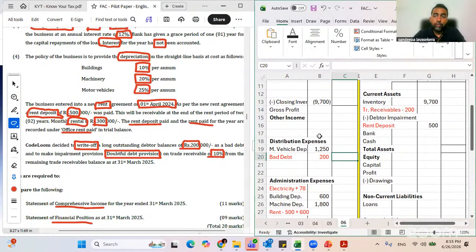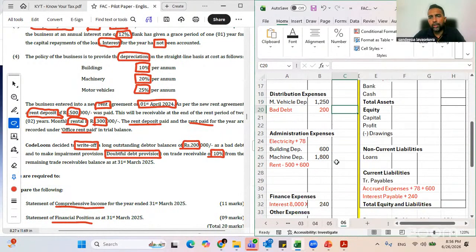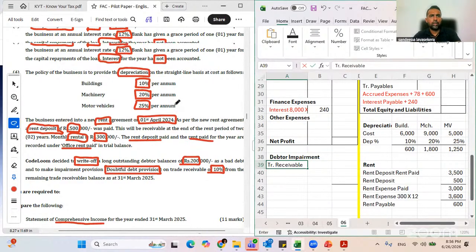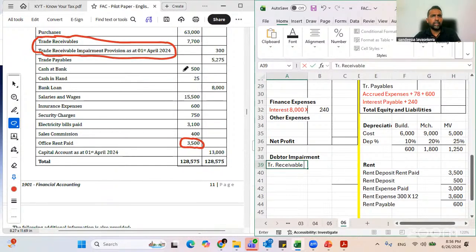Right. For the remaining debtors, I have to recognize the doubtful debt provision. Shall we work on that doubtful debt provision? So we'll take the trade receivable. I'm going to record the debt impairment or the doubtful debt provision. So I'm going to take the trade receivable balance. You all can see the trade receivable balance is 7,700.